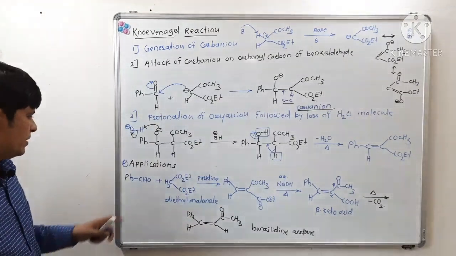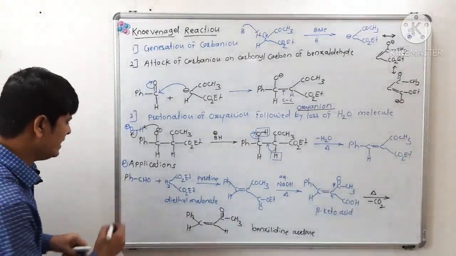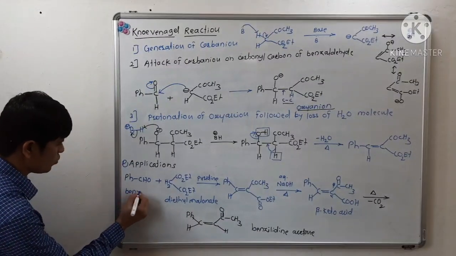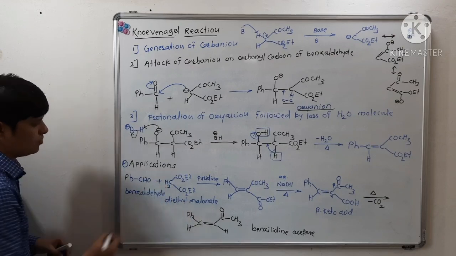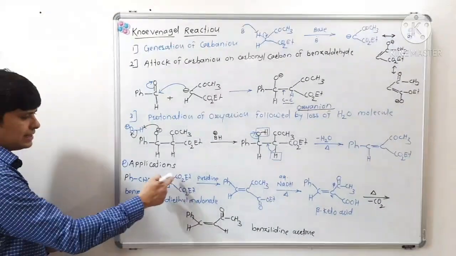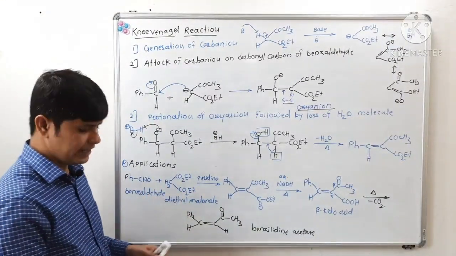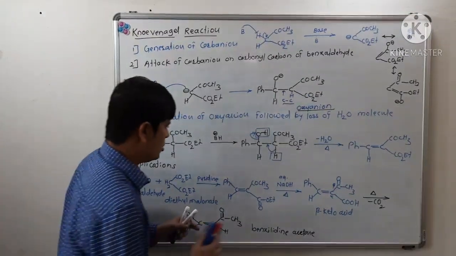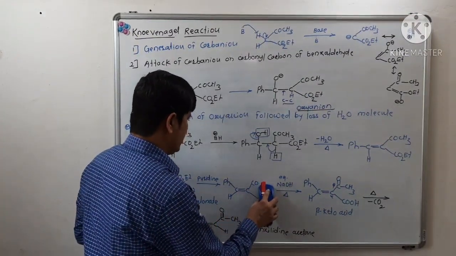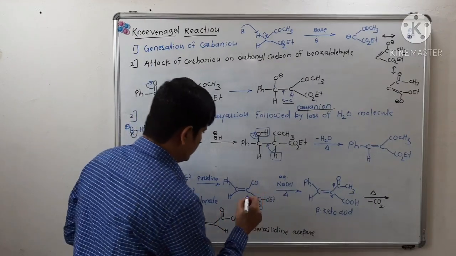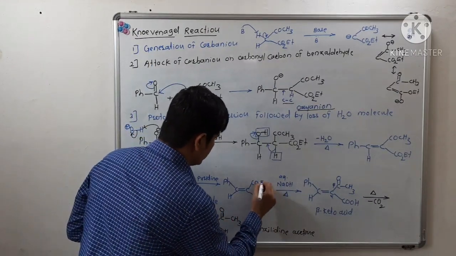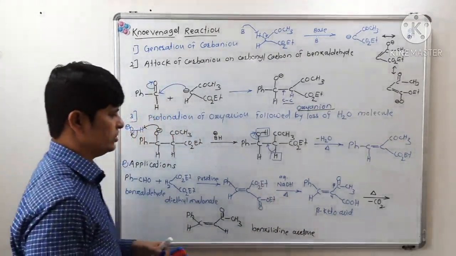When we react benzaldehyde with diethyl malonate in the presence of pyridine, there will be formation of such kind of condensation product.